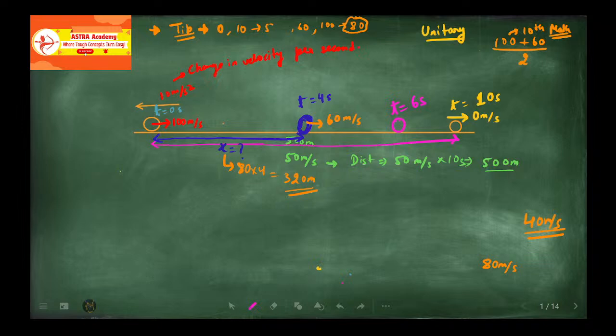Please get engaged and tell me the answer. The distance of this ball at 6 seconds from the initial position, let us call it x2. Find the value of x2 in your notebook and tell me the answer in the chat box, please.